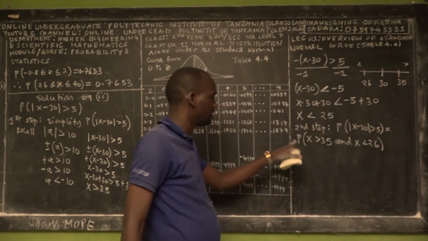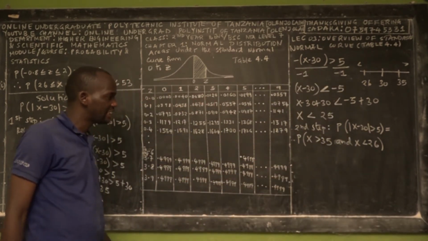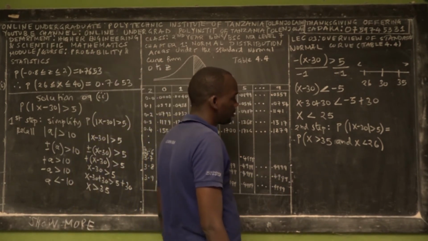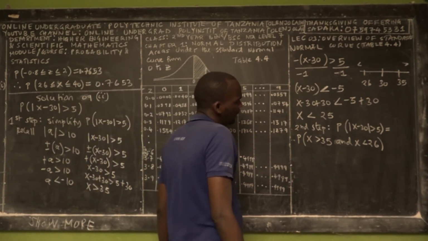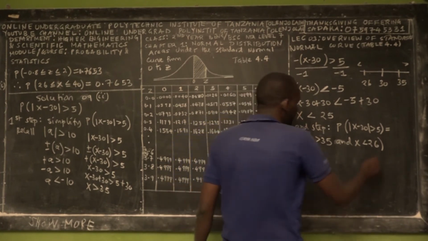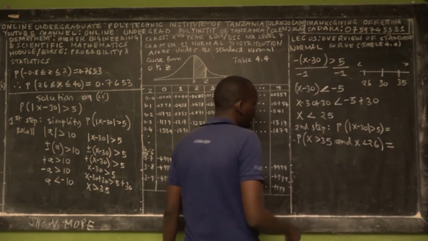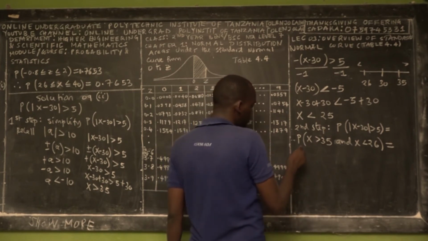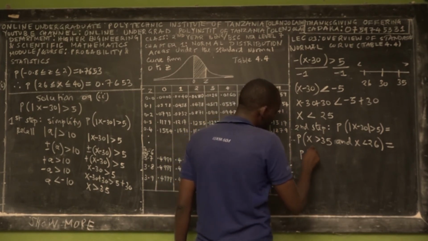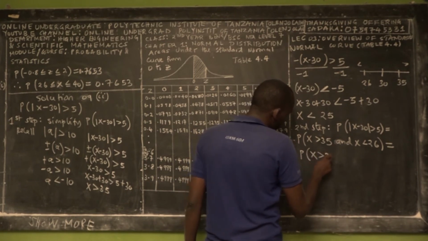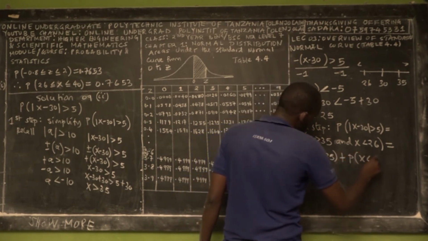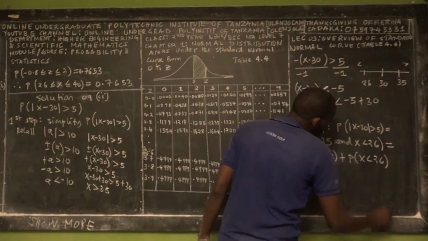So this is equal to the probability of x greater than 35 plus the probability of x less than 26.